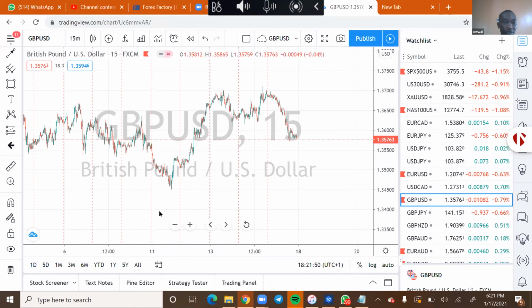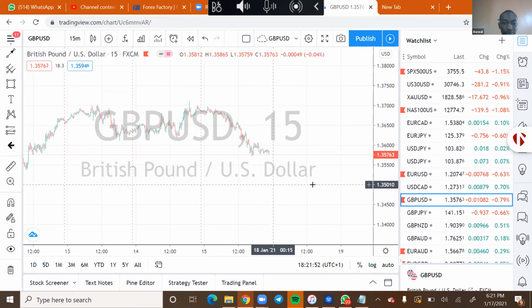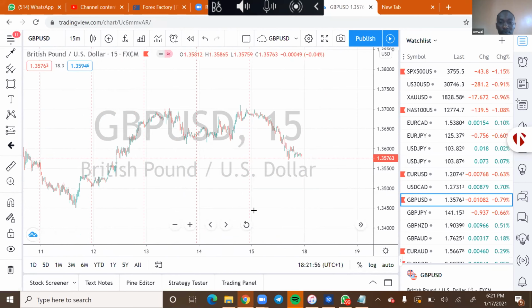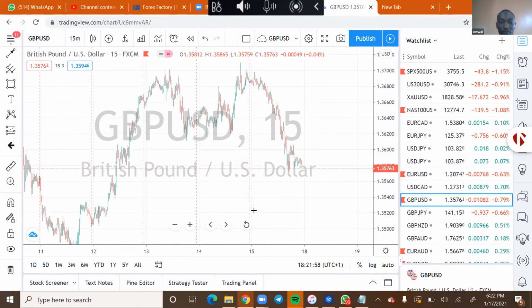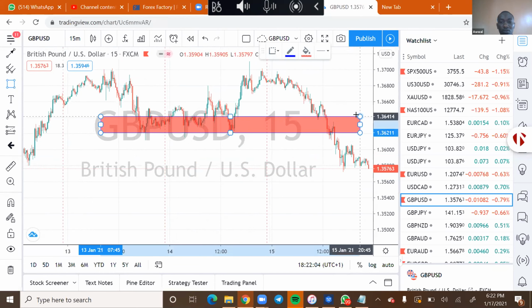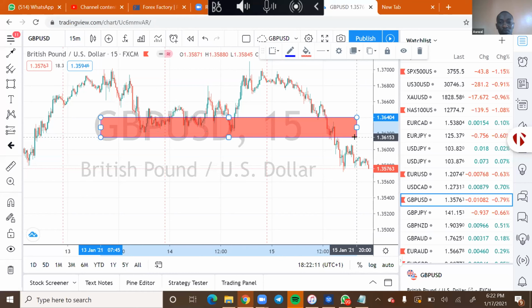Okay, I think I found one here. Great. So look at this area right here.